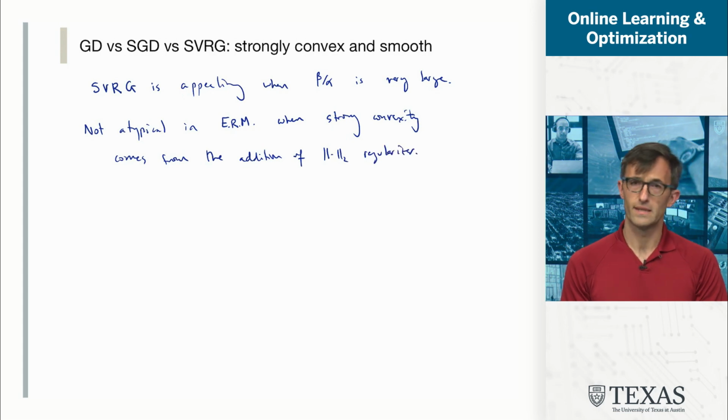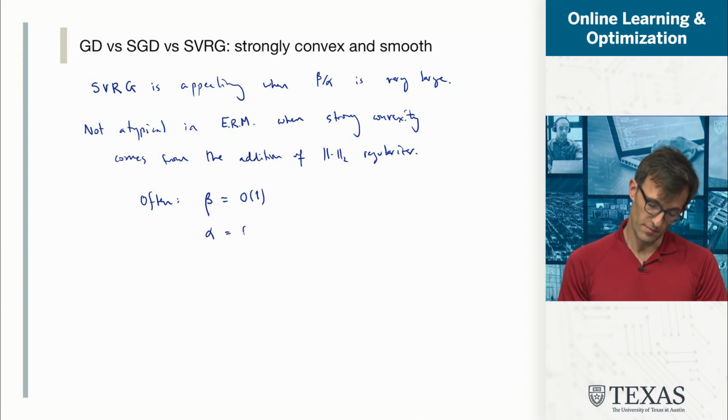I'm not going to go into details about this because this isn't a class on ERM, but I'll just say that it's typical, or let's say not atypical, to see beta to be constant, so let's just call this order 1, and alpha to be quite small. So alpha to be order 1 over root n, or even alpha to be order 1 over n.